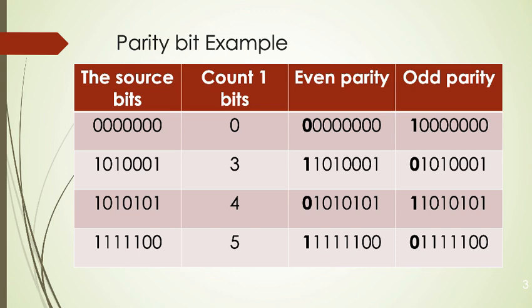And when he receives it, he then counts the number of ones, sees it's even still, and he can be relatively sure that the data hasn't been corrupted in transit.